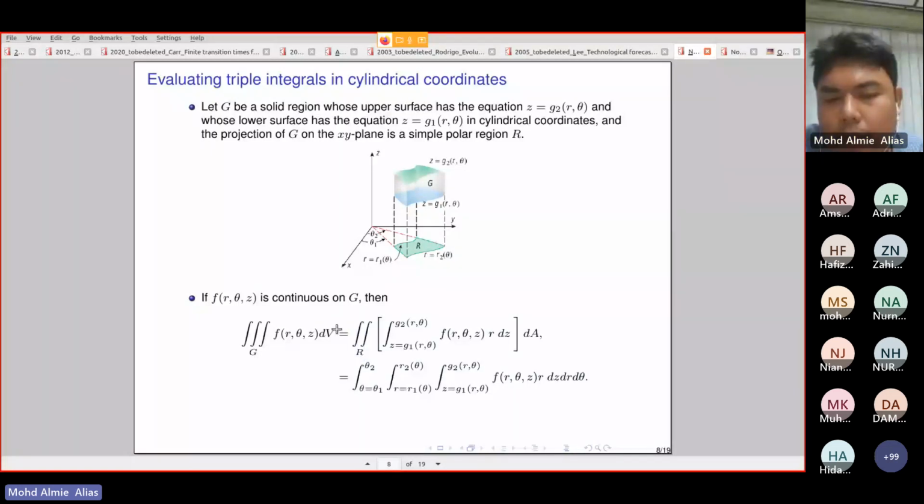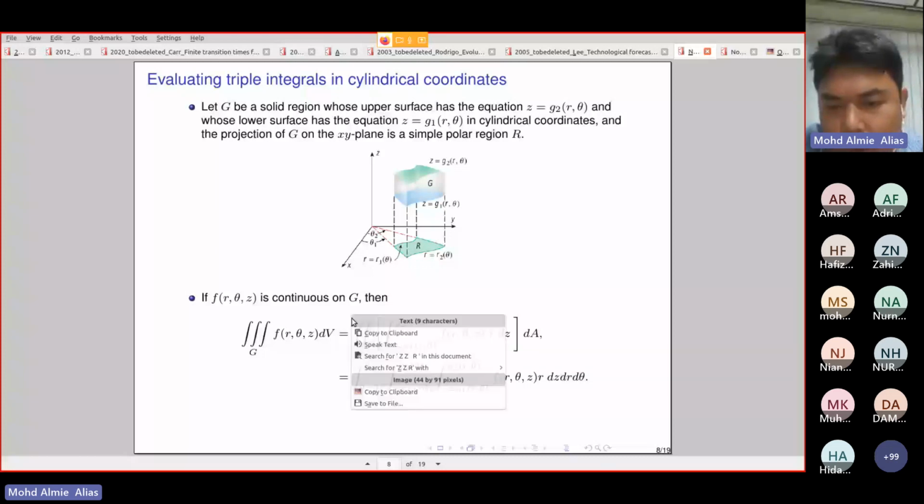One of the advantages of this is that you can solve with respect to z first, followed by using any of polar coordinates, Cartesian coordinates, and so on to solve for this double integral. But since this is a cylindrical coordinate, the double integral will be integration with respect to r and theta.